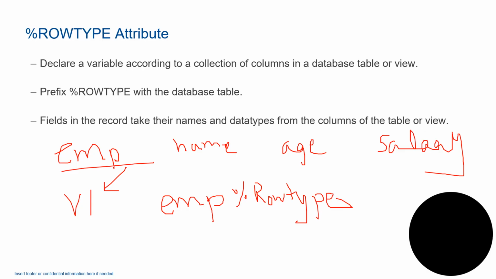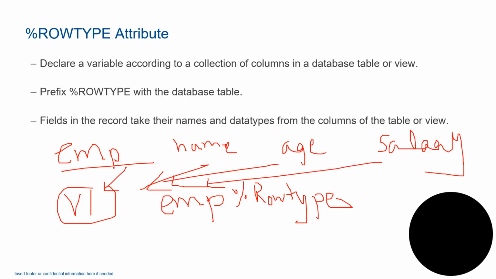Now v1 would also have the name, age, and salary, and we represent them as v1.name, v1.age, and v1.salary.